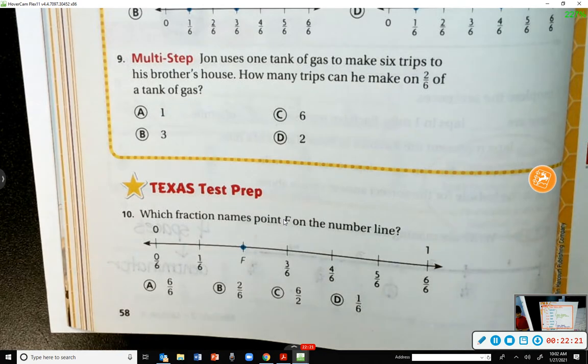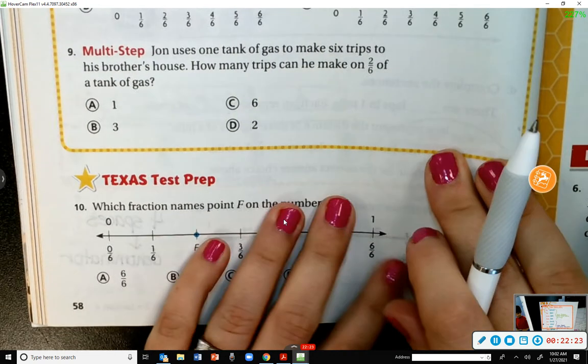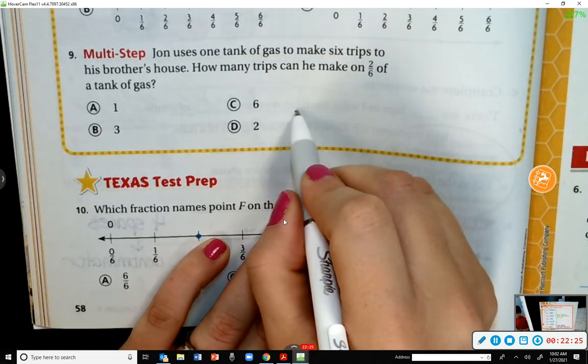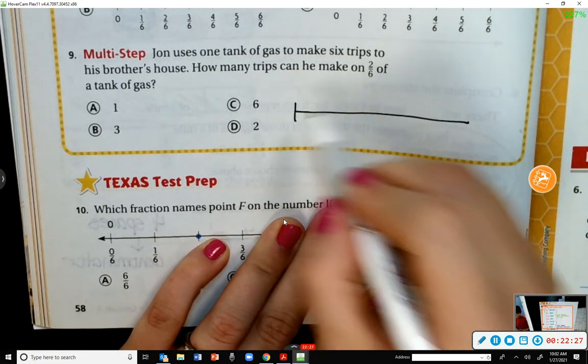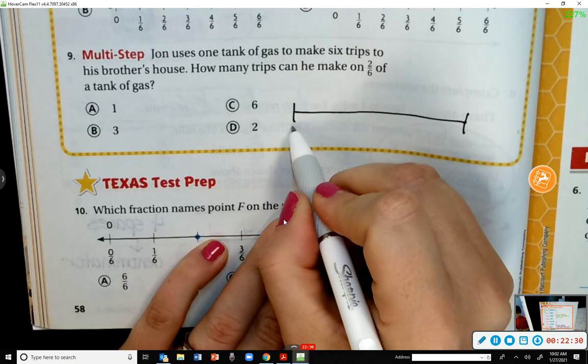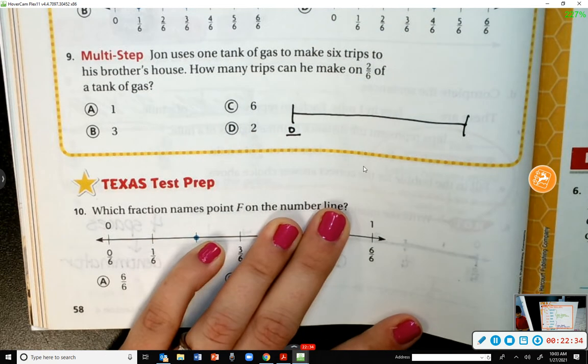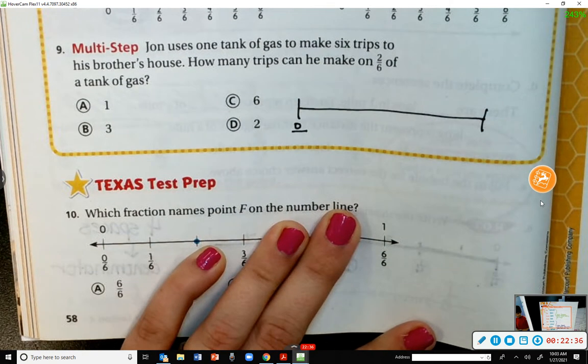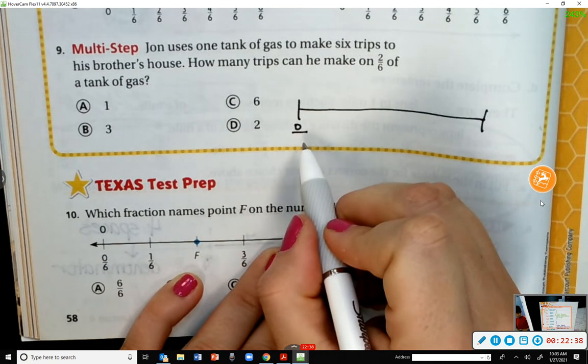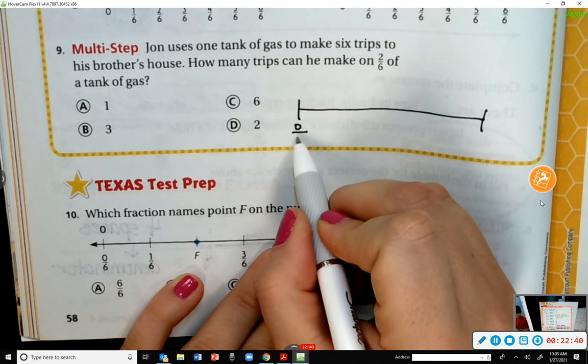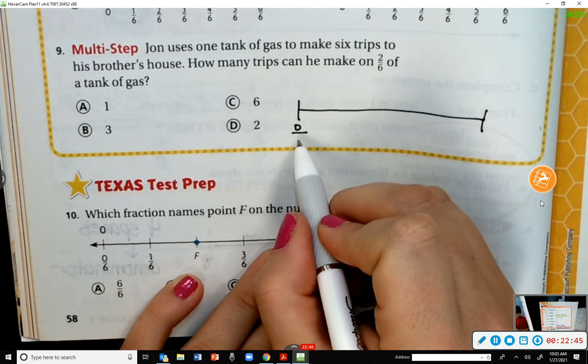Okay, so let's draw our own little number line. Okay, and what do you think my denominator is going to be on this one? What would my denominator be?